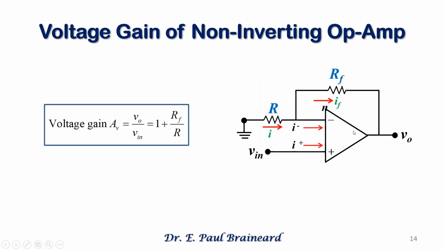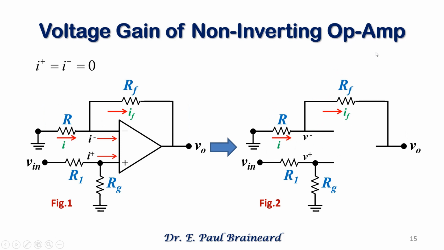The expression for voltage gain, which is nothing but the ratio of output voltage to input voltage, is equal to 1 plus R_F by R. There is no phase shift between input and output voltages. The phase shift in the case of non-inverting operational amplifiers is 0.